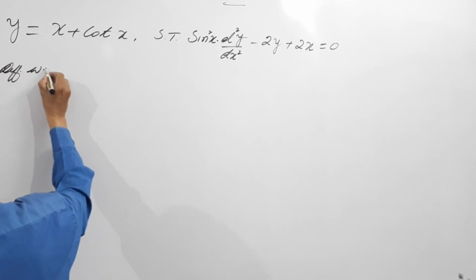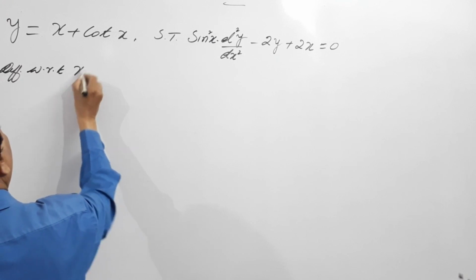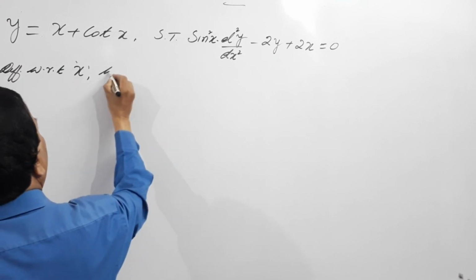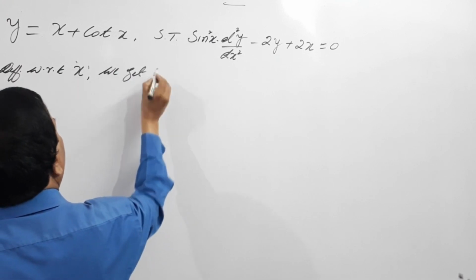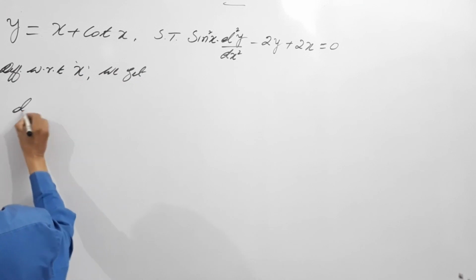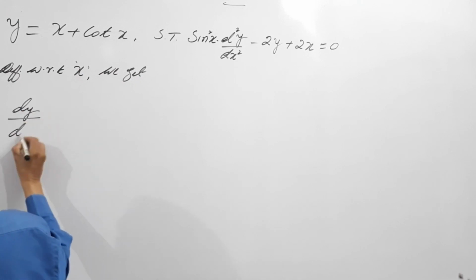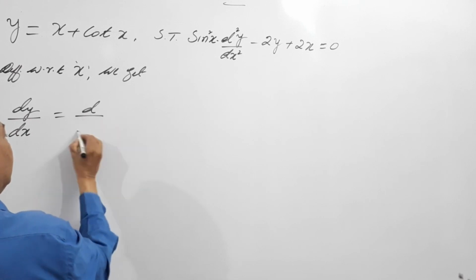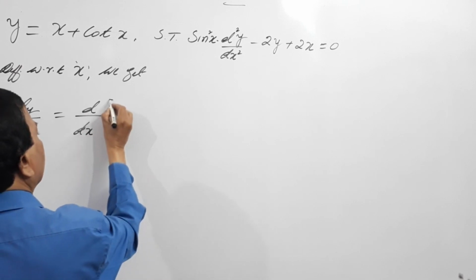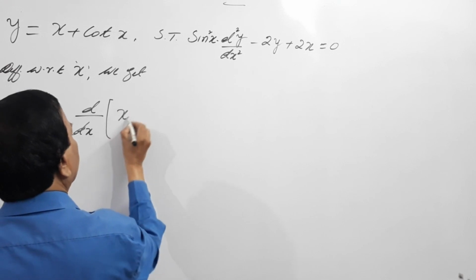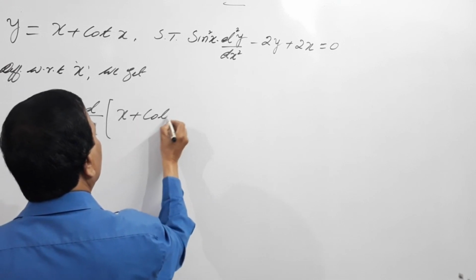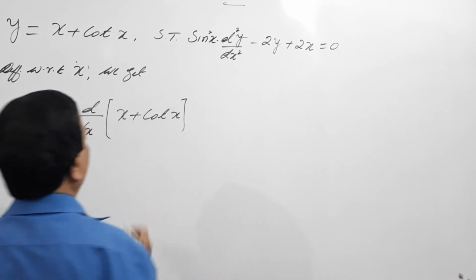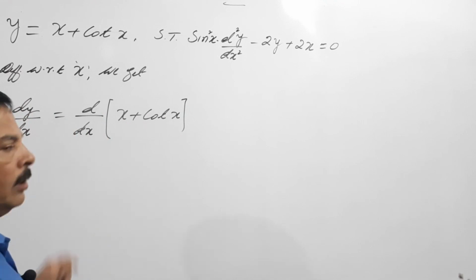So differentiating with respect to x, we get dy by dx equals d by dx of x plus cot x. So let's differentiate this.